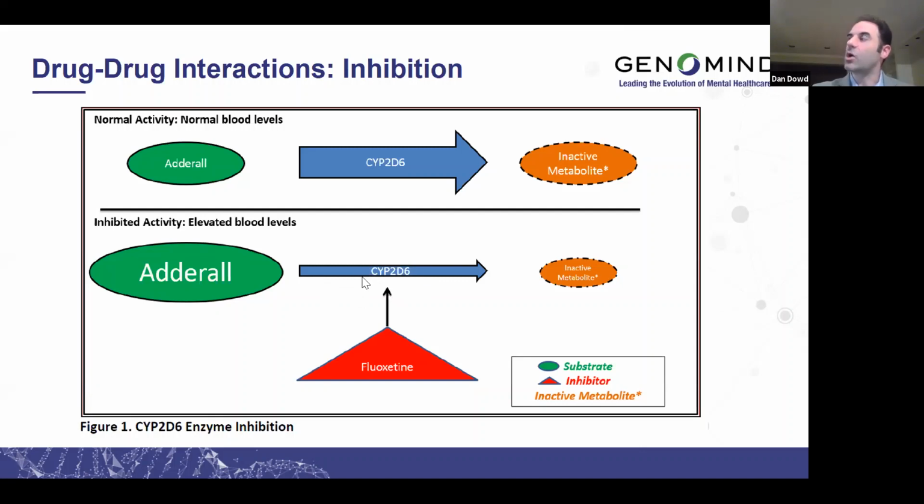So taking a strong inhibitor is almost equivalent to being born a poor metabolizer. Okay, that's why it's important to account for not just the genotype, but also any other drugs that are interfering with this enzyme. Okay, you can be born a poor metabolizer, or Prozac can turn you into a poor metabolizer. Your body doesn't know the difference. All your body knows is it can't metabolize Adderall now.